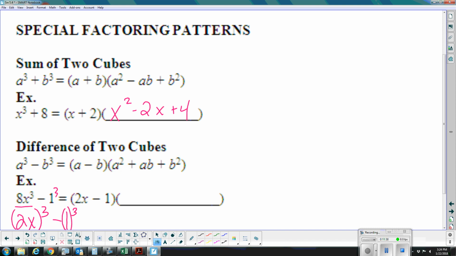Okay, so here's your a, here's your b. So you've got 2x minus 1 times 4x squared plus 2x plus 1.